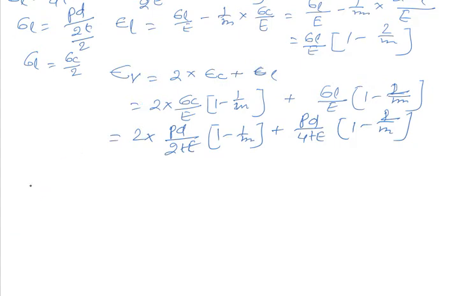Now let's take the common PD by 2 TE, then 2 will go inside, that is 2 minus 2 by m.